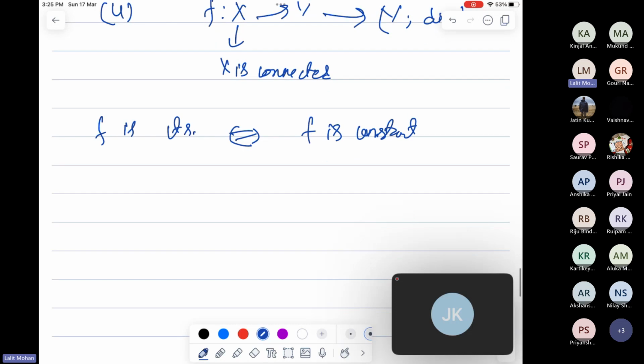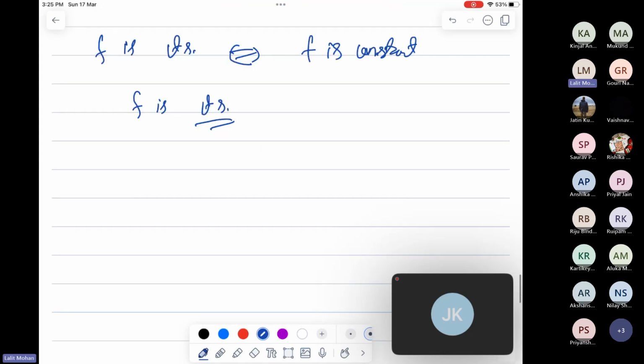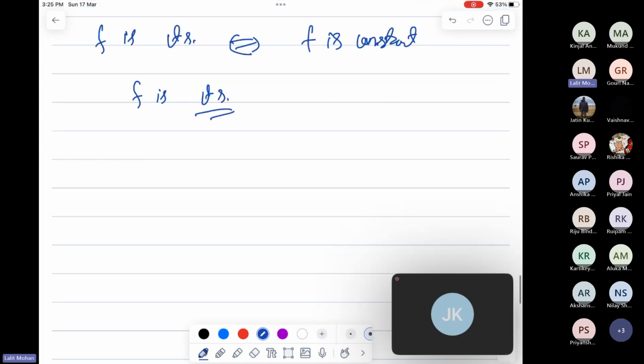So how will you show that? First assume that f is continuous. It is given that X is connected. You know that a continuous map takes a connected set to a connected set, yes?